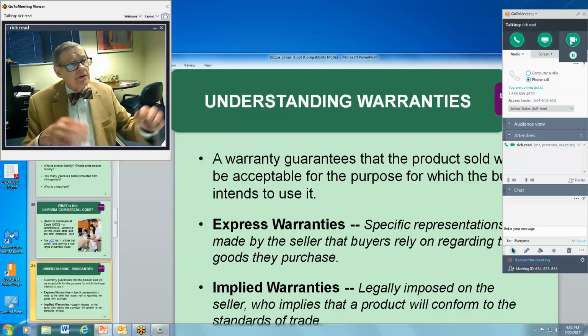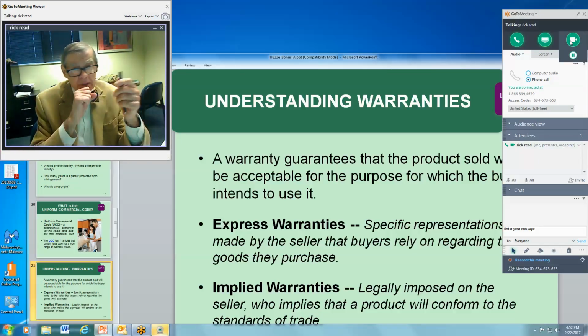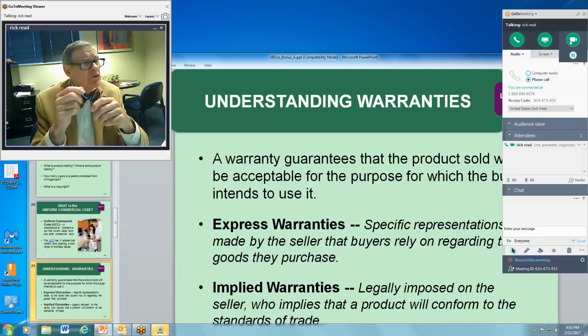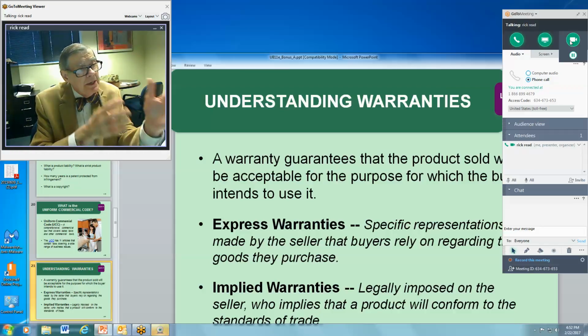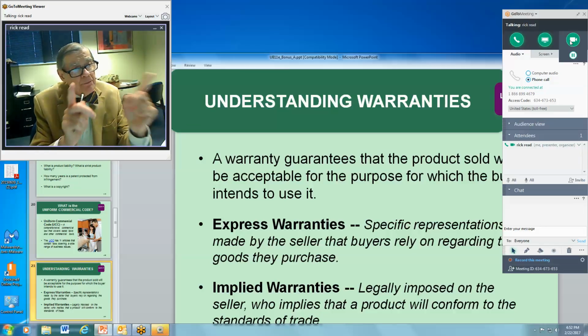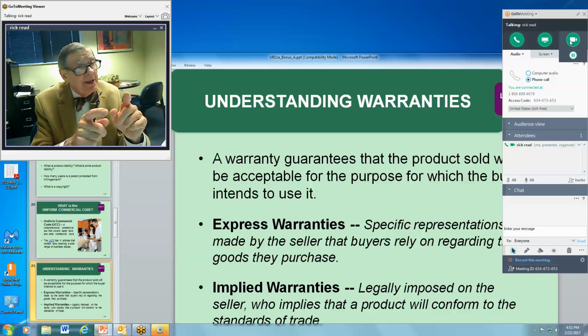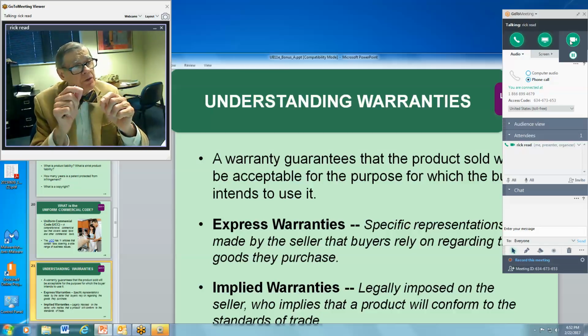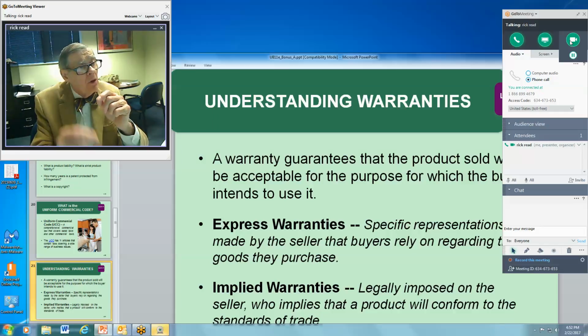This particular slide talks about warranties. And notice what a warranty does. It guarantees that the product sold will meet your specifications for the purpose which it is intended to be used. Now, you have to pay attention to that, because what it is saying is if you use it for something other than what it is intended and it breaks down or causes harm, that is your fault.